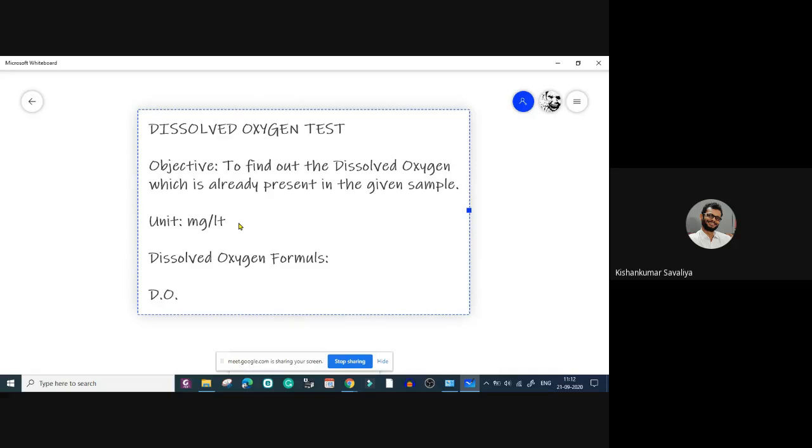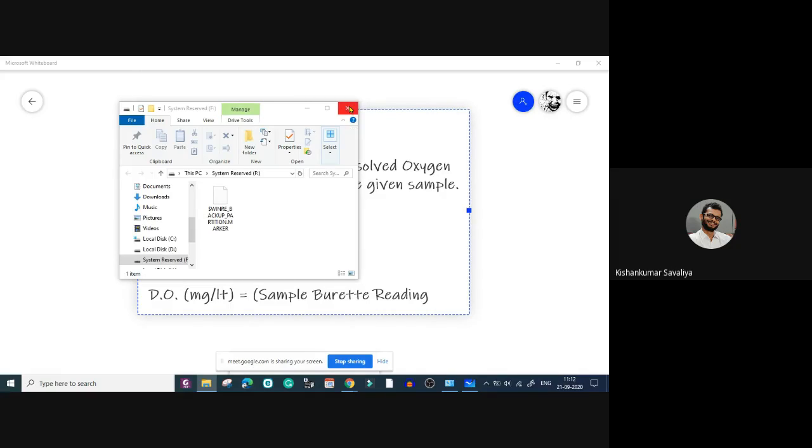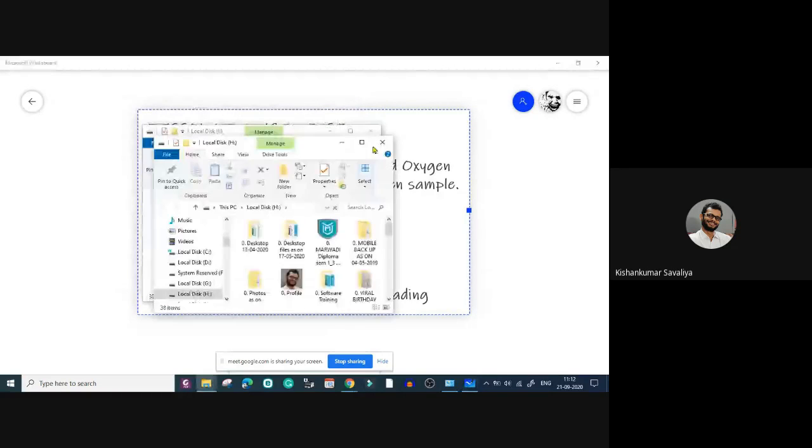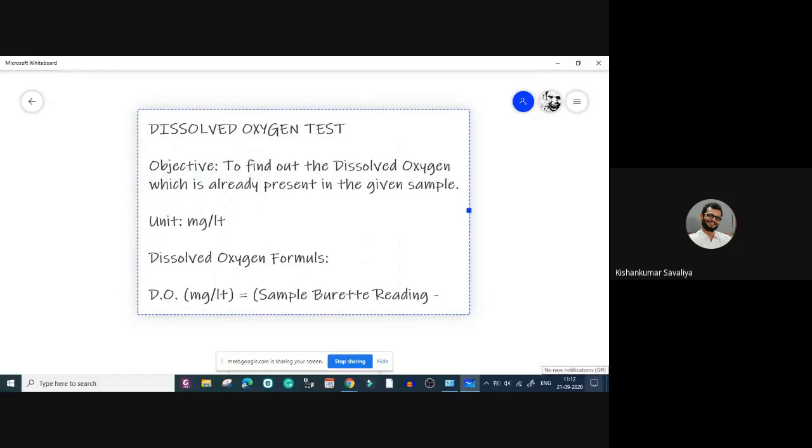Simply we can say that DO in milligram per liter is equal to, in bracket, you can write down sample burette reading minus blank burette reading. You need to write down this formula in your notebook.